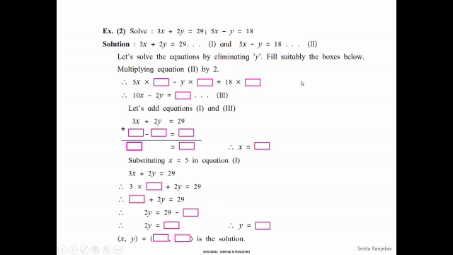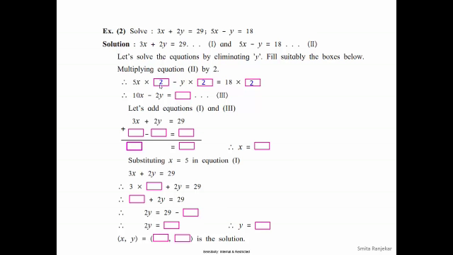Children, it is an activity based question. Such type of questions can be asked in the exam. So you have to use the method which is asked. What is the next step? Multiplying equation 2 by 2. So it is 5x into 2 minus y into 2 is equal to 18 into 2.